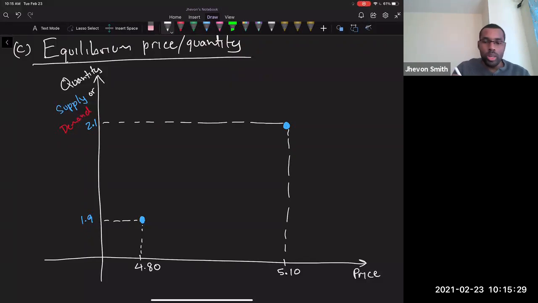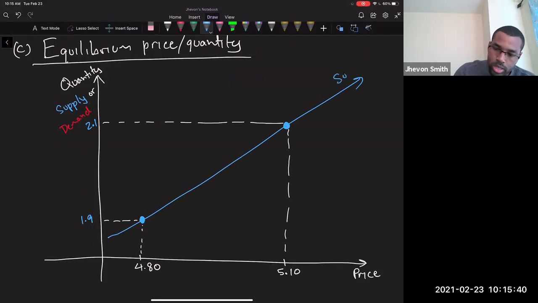Right? So what this question is assuming is that the function here is a straight line. Right? And that's the supply equation. And then you do the same for the demand.